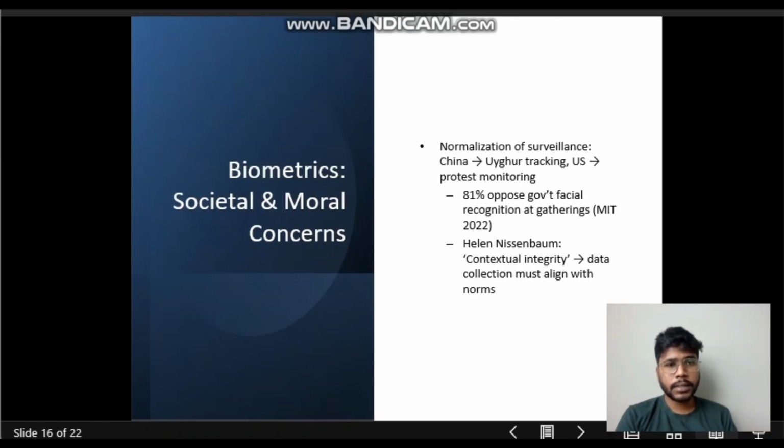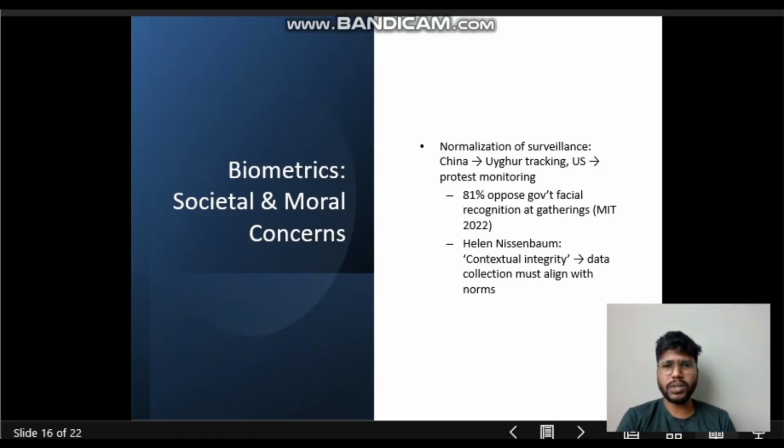Moving to the next, societal and moral concerns. Beyond individual harms, biometrics can encourage mass surveillance. For instance, in China, facial recognition is used to track minorities like the Uyghurs, curtailing their freedom of movement and association.